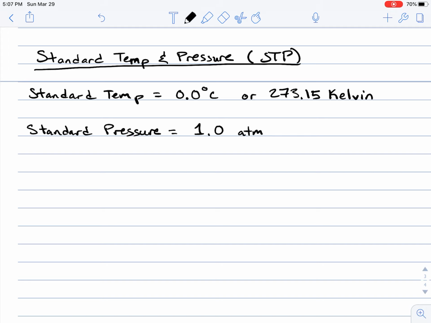And so basically what Avogadro did was he saw that there was a relationship between the number of moles and the volume at this specific temperature and at this specific pressure.